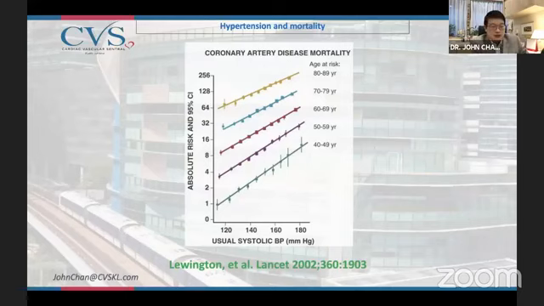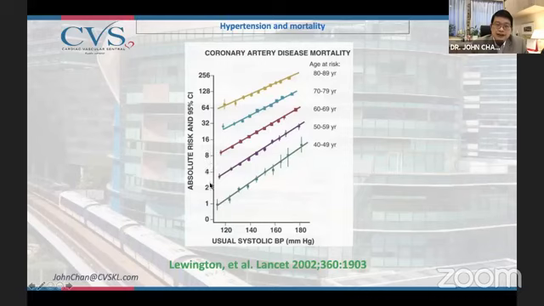As we all know, hypertension has an impact on cardiovascular mortality. As we can see from this study, which was published in the Lancet some years ago now, the lower the blood pressure which is achieved, the better the survival for the patient.